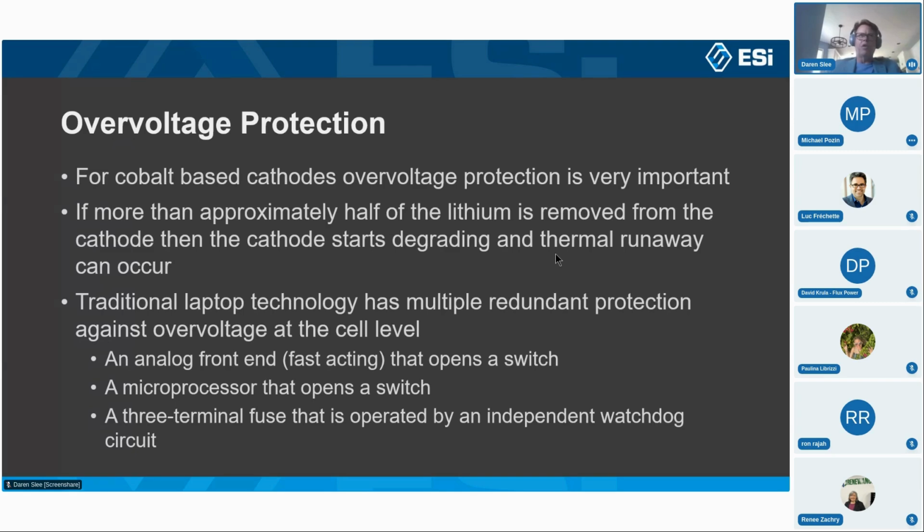If more than half of the lithium is removed, and the anode is made to be just big enough to absorb half the lithium in the cathode, then the cathode begins to degrade and generate gases, and eventually you get overcharge, and possibly a severe reaction where the cell goes off.